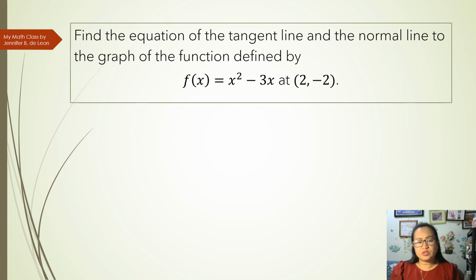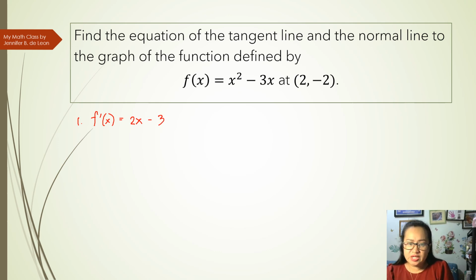Now let's apply what we have learned through this problem. Find the equation of the tangent line and the normal line to the graph of the function defined by f of x equals x squared minus 3x at (2, negative 2). If you can still recall, our first step is to find the derivative of f of x. So f prime of x would be 2x minus 3.